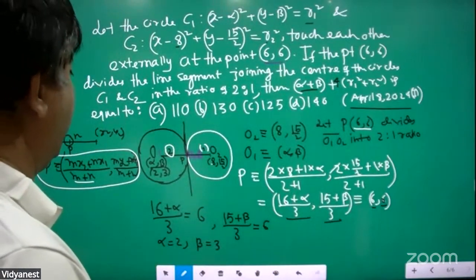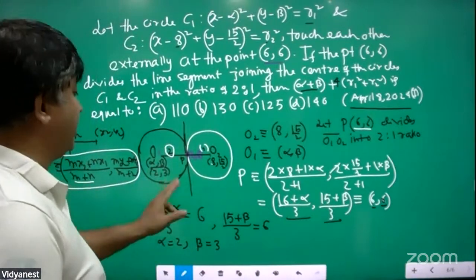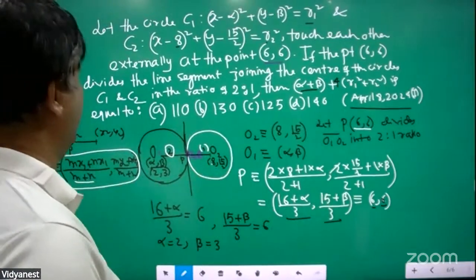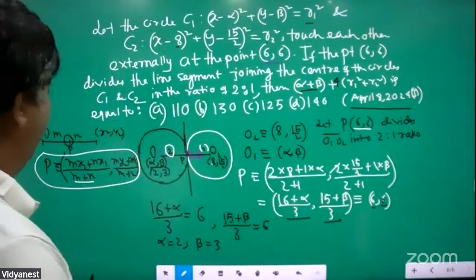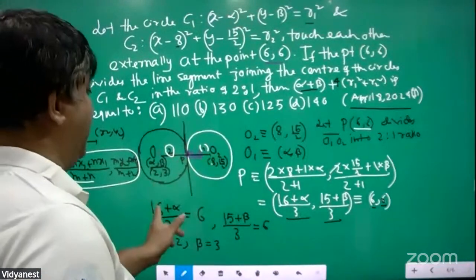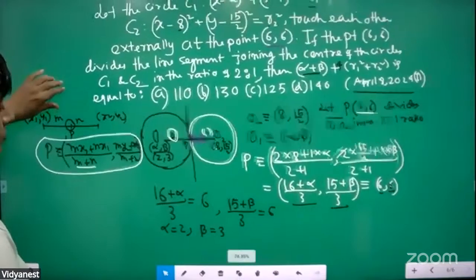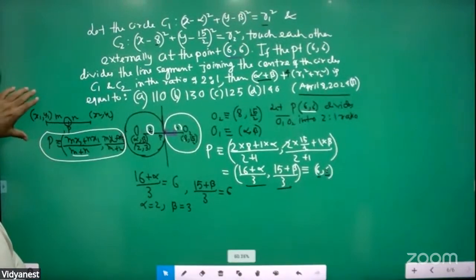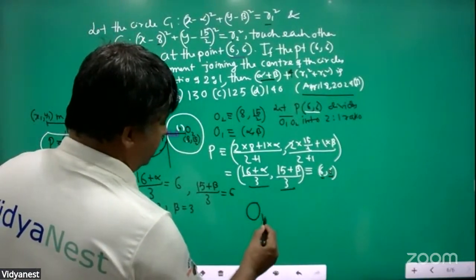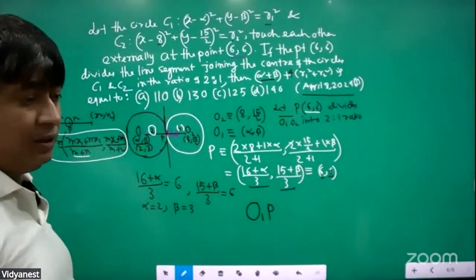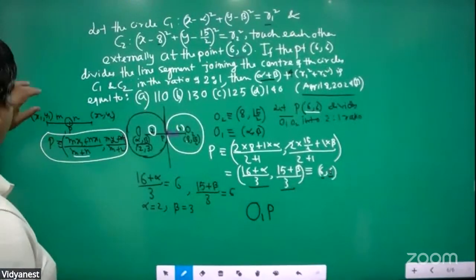Now what is left? Finding R1 and R2. Once I have (2, 3) and (8, 15/2), by the distance formula, which is also a recapitulation of class 9, 10 level, we will find O1P and O2P. They are the radii. It is so simple to understand. One thing is difficult: understanding the handwriting.